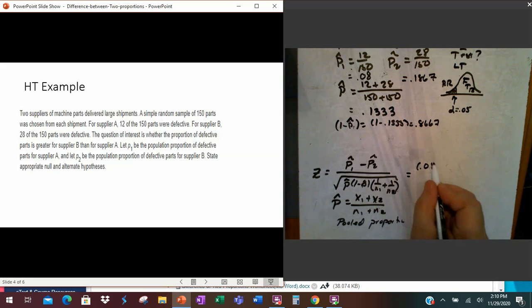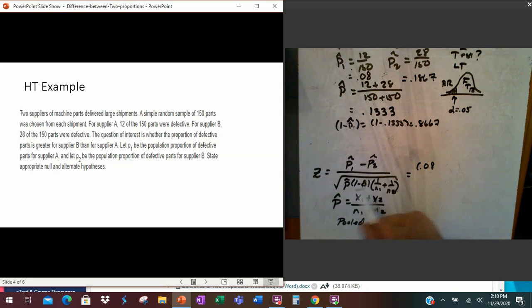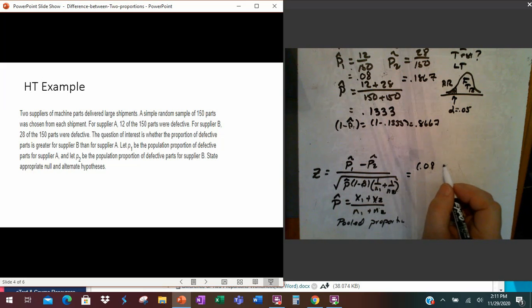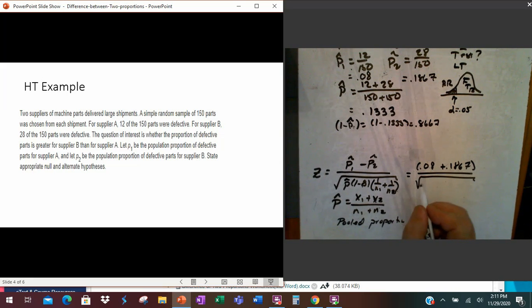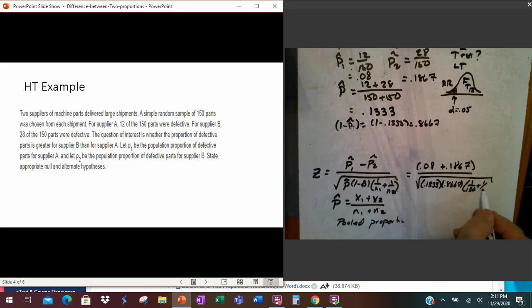So 0.08, put it in parentheses because I want to do this first before I do any dividing, minus 0.1867, and then our square root of 0.1333 times 1 minus 0.1333, so that's just 0.8667 to save me some space, times 1 over 150 plus 1 over 150, which is 2 over 150.